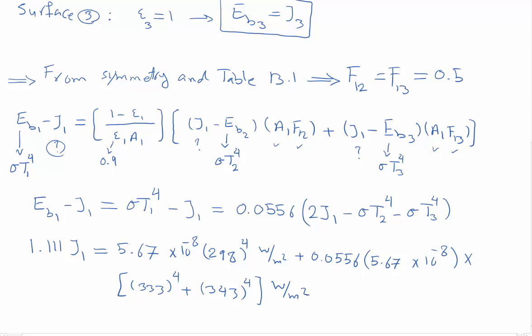There is only one unknown in this equation, therefore we can simply find J1, the radiosity of surface 1, to be 476.64 watts per meter squared.